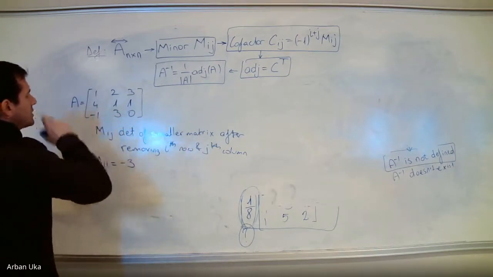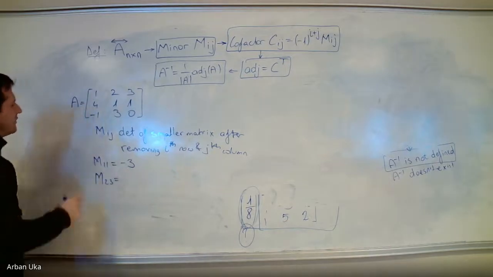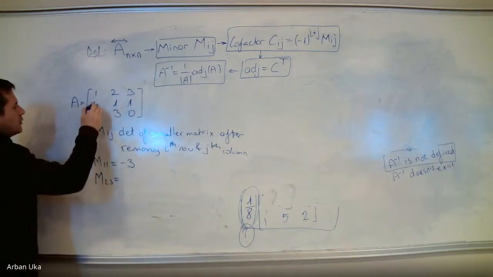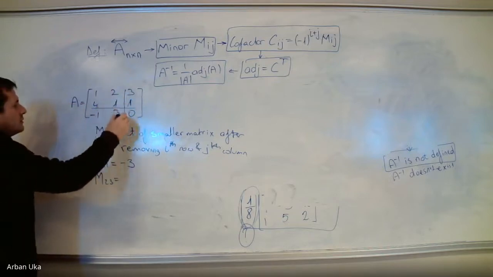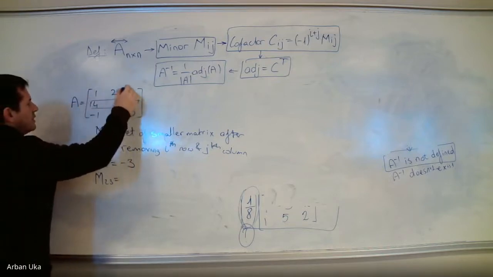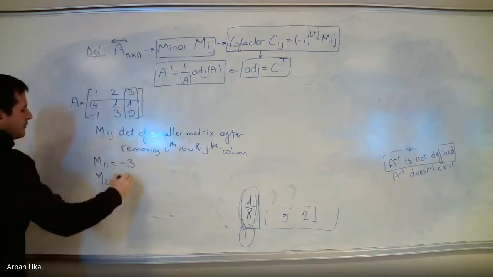Okay, I think we know this part. Let's find what is M23. For M23, we remove the second row, and we also remove the third column. What is this equal to? It's 5.